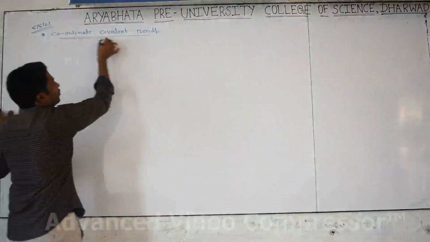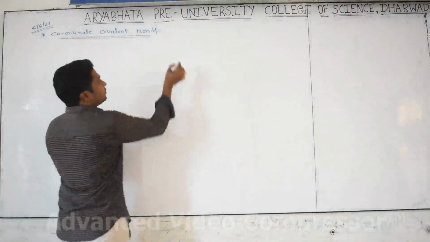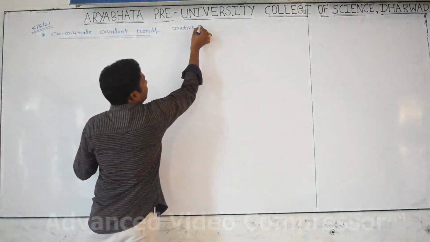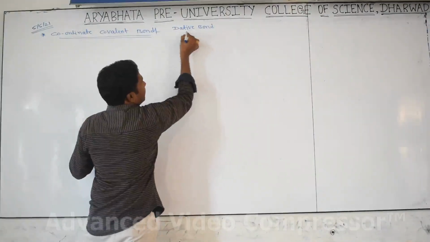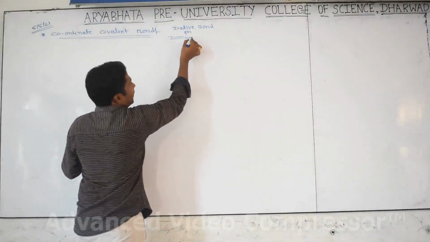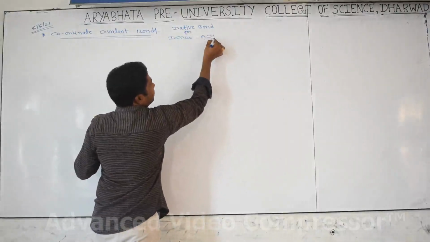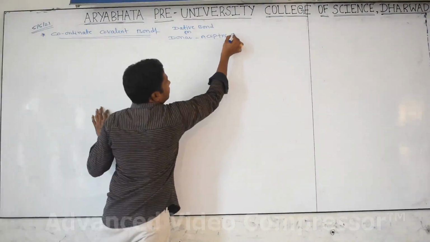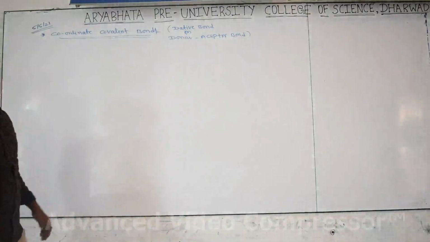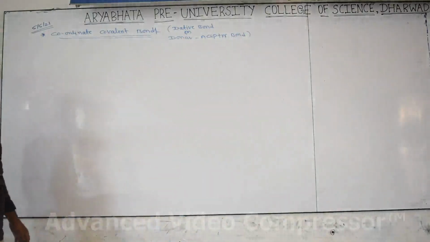This coordinate covalent bond has different names, called the dative bond, and also called the donor acceptor bond. Okay, I will explain the meaning of coordinate covalent bond.